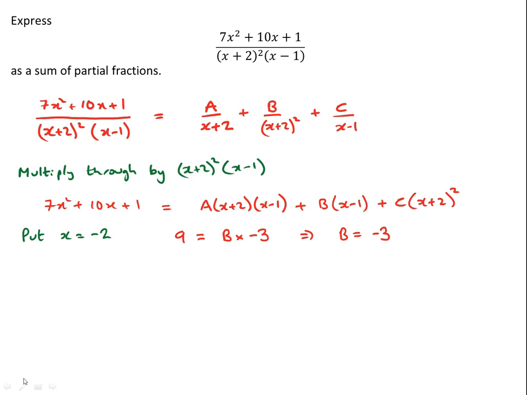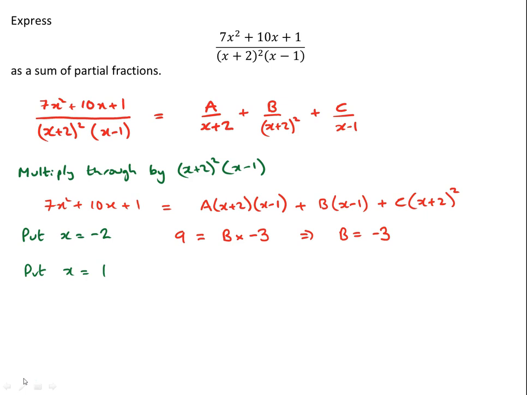If I put x equals 1 into our equation, then I'm going to get the first term on the right hand side equaling 0 and the second term on the right hand side equaling 0.